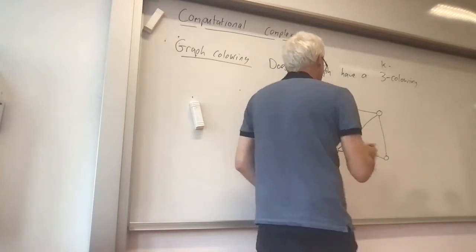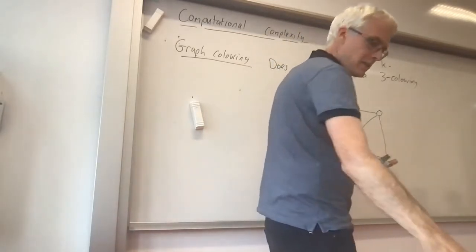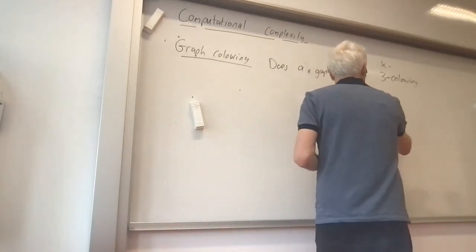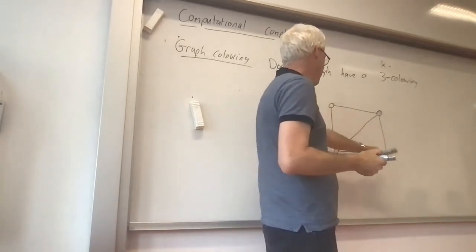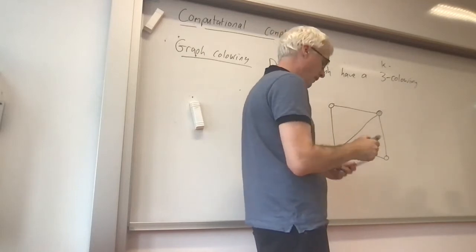And we can see that this does indeed have a 3 coloring, because obviously these 2 need to be colored differently. There's an edge between them, and then that's okay. These can be white, they need to be different from those. But that does have a 3 coloring.